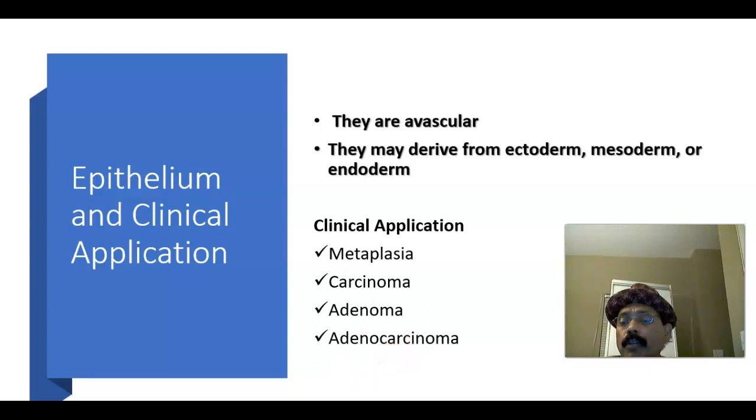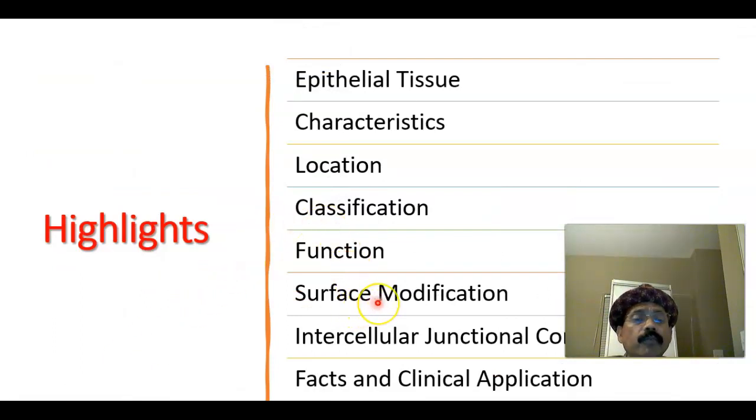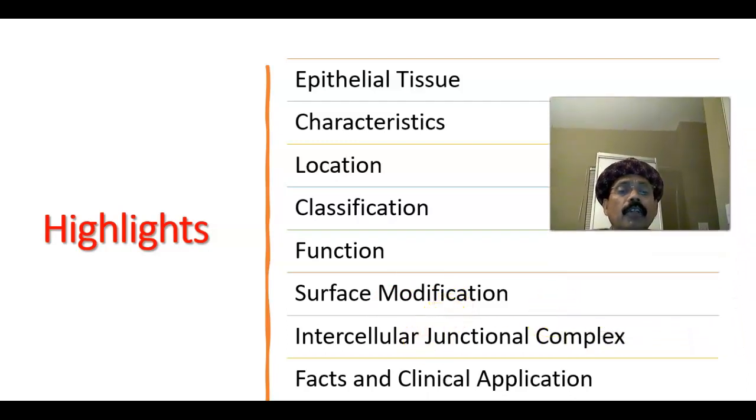Okay, we got that. Now we have gone through the surface modifications. What are they? Cilia, stereocilia, and microvilli are the surface modifications. Intercellular junctions: we have the gap junction, the macula adherens, the zonula adherens, and the tight junction or zonula occludens.